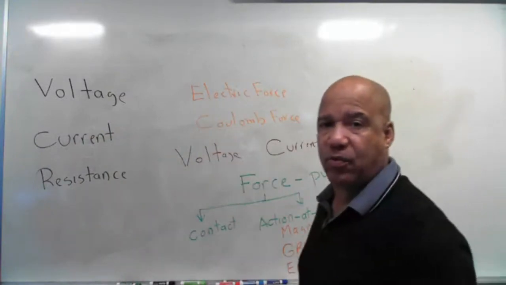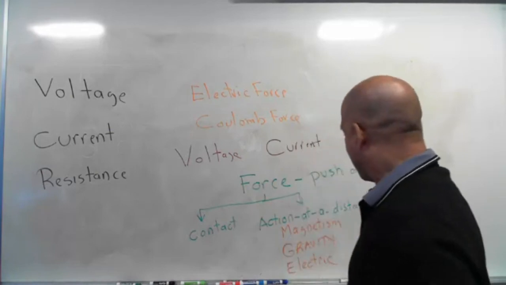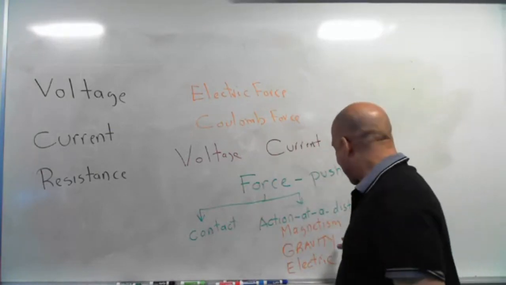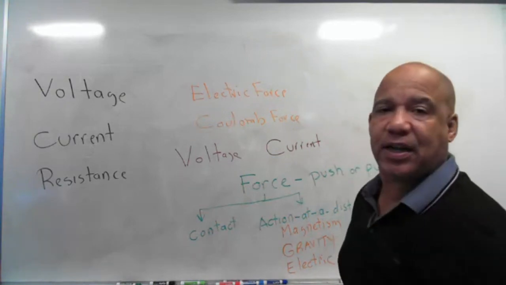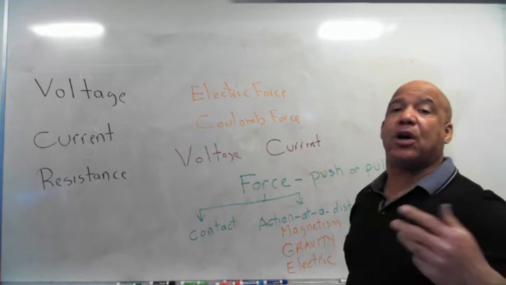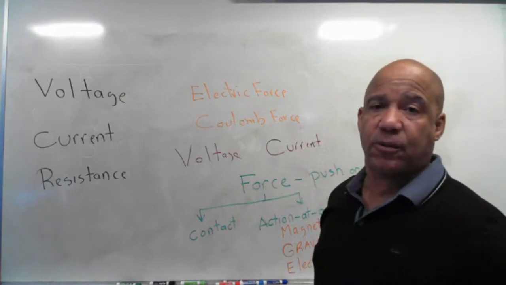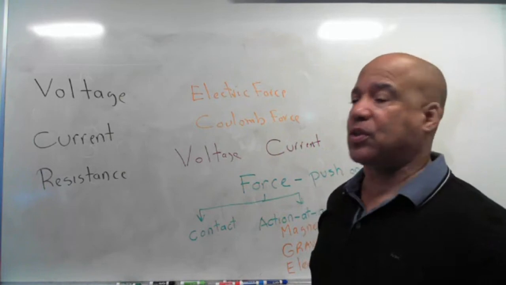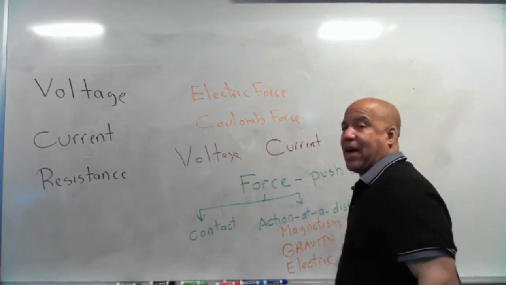Now, I have one more question for you. Just think about this. I have magnetism, that's an action at a distance force. I have gravity, that's an action at a distance force. And I have the electric force or Coulomb force, that's also an action at a distance force. I have three different action at a distance forces. What do all three have in common?